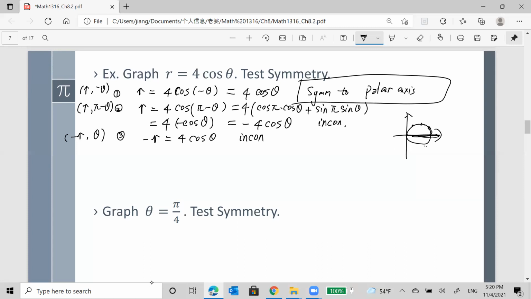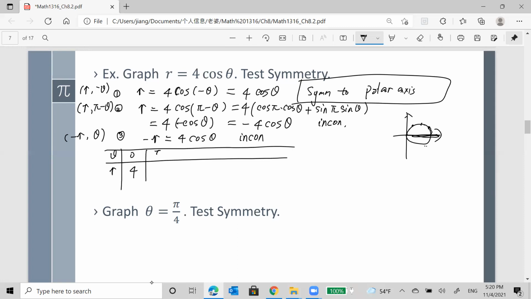So we still need to find the points, but not too many like the previous one. Let's draw the table. In the first row, I write theta. In the second row, I write r. When theta equals 0, cosine 0 is 1, and 4 times 1 is 4.